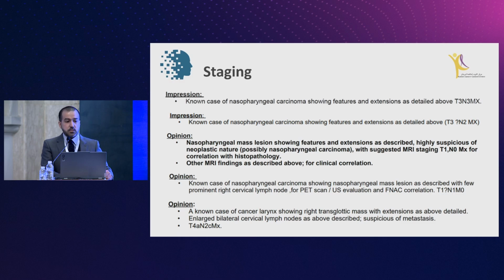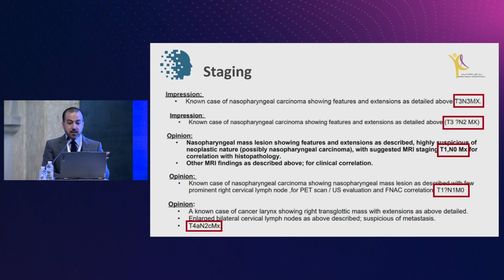In terms of staging, I just got this from the last patient I had. We are lucky in our center that the radiologists give a good description of the extent of the disease, and they give us a good staging for each head and neck cancer patient.